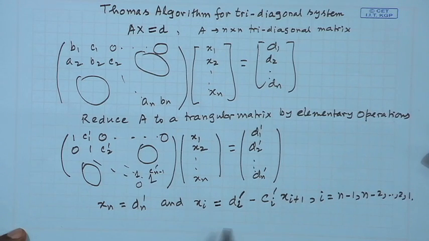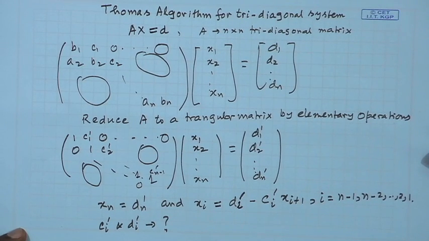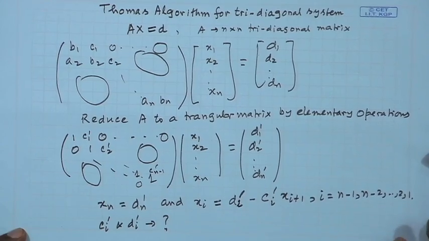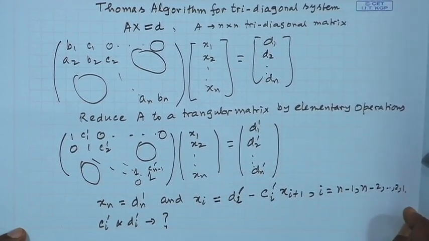Now we need an algorithm. What are ci dash and di dash? If I know how to relate ci dash and di dash with the given ai, bi, ci, di, then we are through.